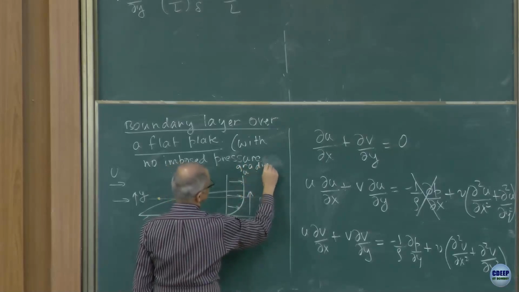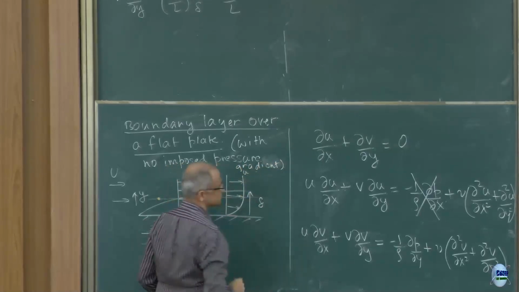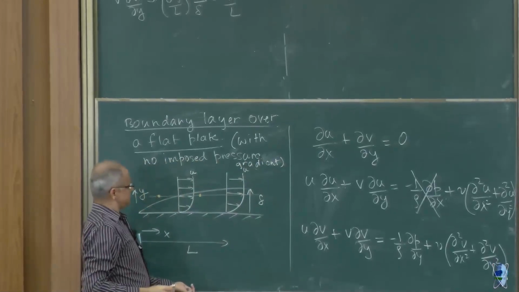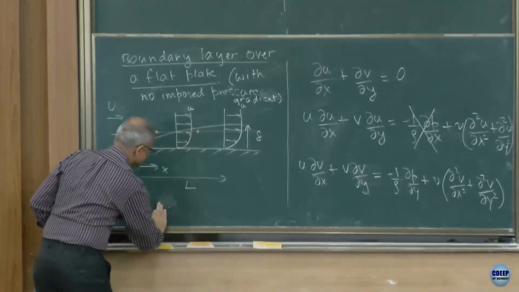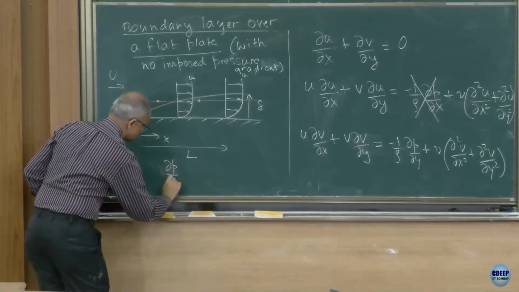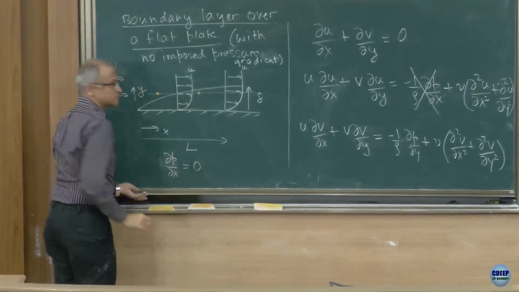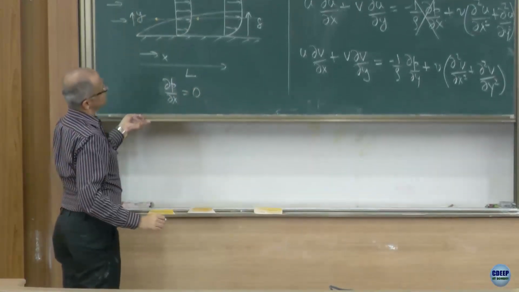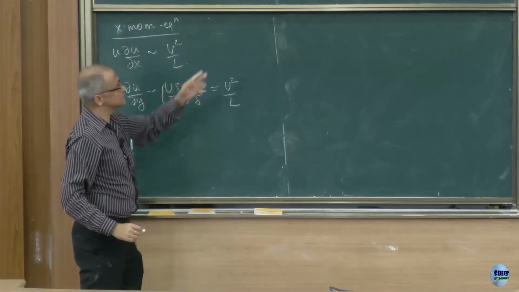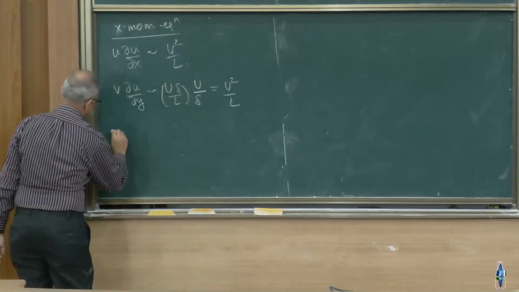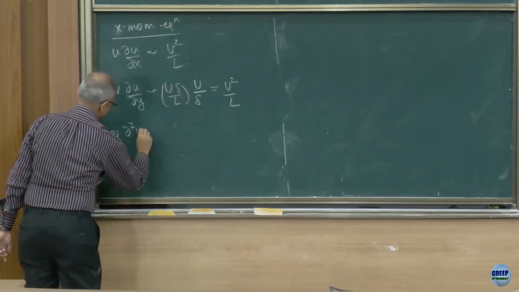So we are not imposing, that means that dP dx is equal to 0. We can impose pressure along the x direction, but here we are saying that there is no pressure gradient along the x direction in the flow. So I don't have to worry about the pressure gradient term at all. And then I go to the viscous terms.